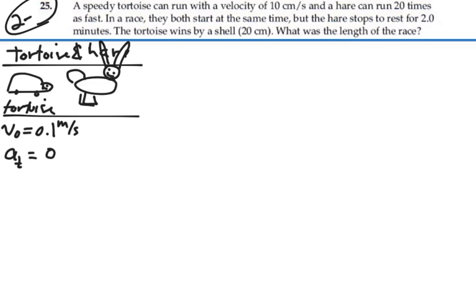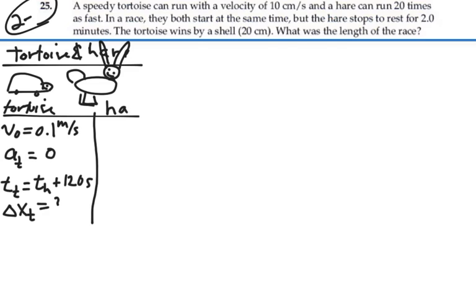We're going to think of that 2 minutes that the hare stops as being extra time for the tortoise. So the time for the tortoise is going to equal the time for the hare plus 120 seconds. Okay, and we're going to have some kind of displacement for the tortoise, which we don't know. Alright, so that's our start there.